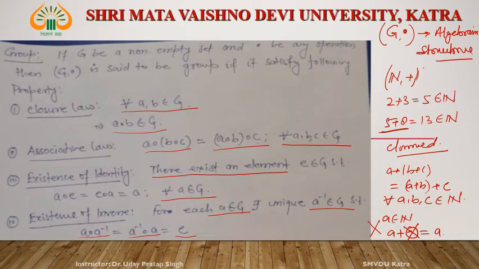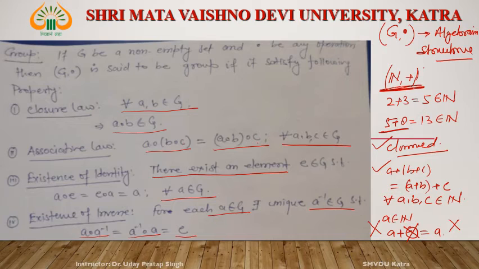If existence of identity does not happen, we will not go to inverse, right? Since the inverse operation will give us identity. Identity does not exist. Then this (N, plus) satisfies two properties: one is closure law and another one is associative law. This is known as a semigroup, right?